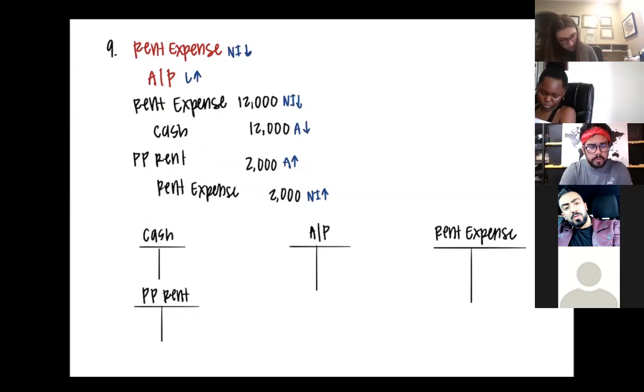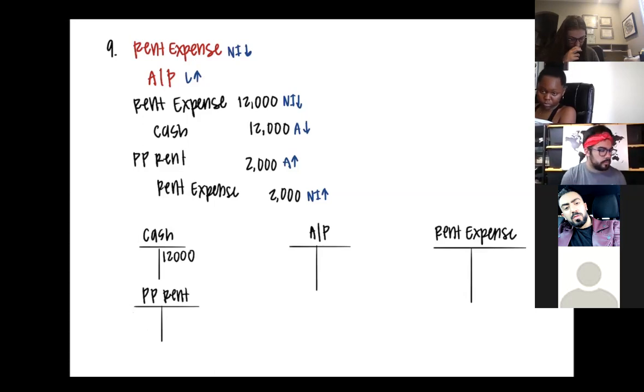Okay, so for cash, they should have credited 12,000 and they didn't. Prepaid rent, sorry, I said credited, I meant they should have debited for 2,000. AP, they should not have credited at all for 12,000.